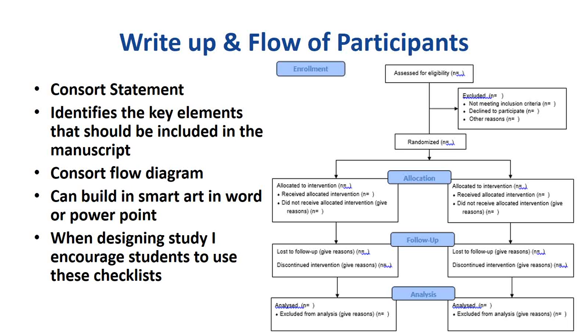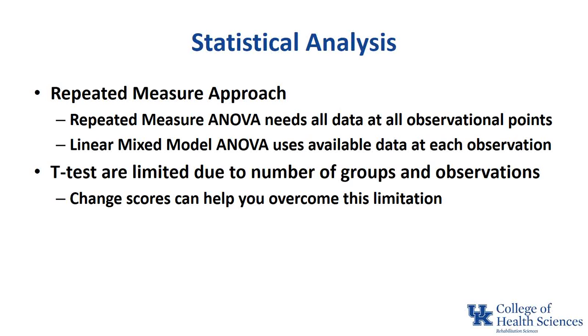This is really pretty easy to build in SmartArt. You can download these versions. When I set up any kind of study, but certainly a randomized clinical trial, I try to use whatever that checklist is so the student and I can organize whether we are addressing all of those components.